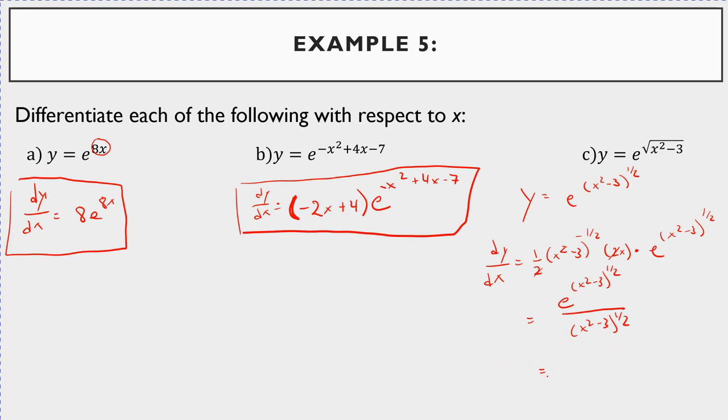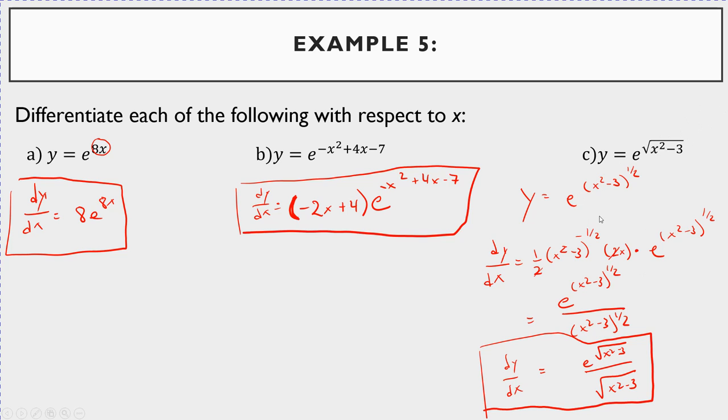So you can even rewrite this as e to the square root of x squared minus 3 all over the square root of x squared minus 3. So that one you just had to use the chain rule twice to figure it out. But again, what I'm hitting home here is just take the derivative of the exponent and then multiply it by the original expression. And that's it every time.